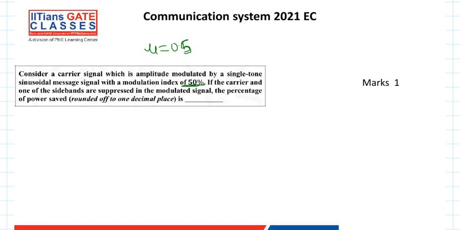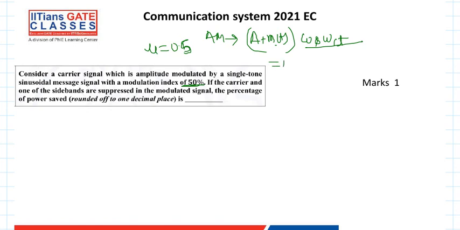To understand this problem, we need to see what exactly a carrier is and what the sidebands are. The AM signal is generally given as (A plus m(t)) cos omega c t, where A is some constant, m(t) is the message, and cos omega c t is the carrier.